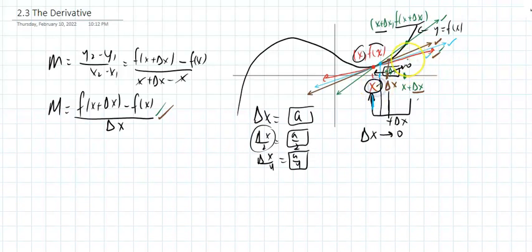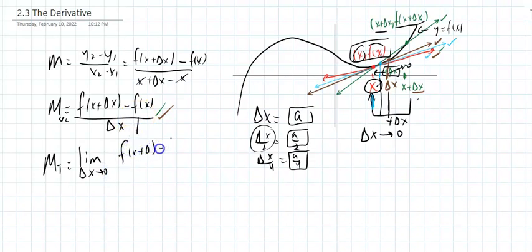And therefore, that would be a very good approximation of x itself, the tangent line. So this is the slope of the secant line. If I want the slope of the tangent line, all I have to do is take the limit as delta x approaches 0 of this, and that should be the slope of the tangent line.